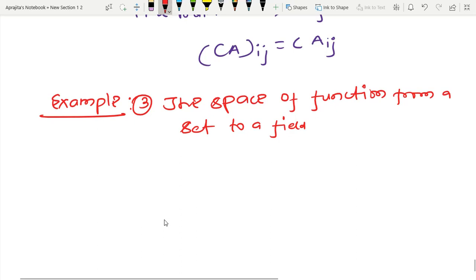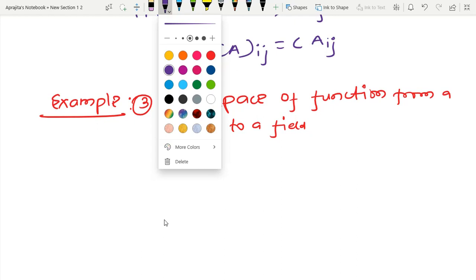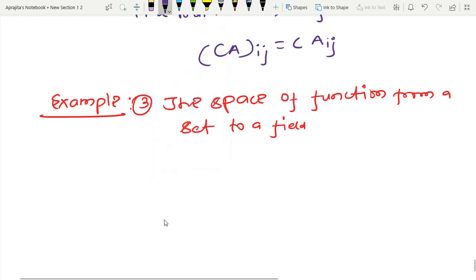So now I am going to define the field, vectors, operations in this particular space.